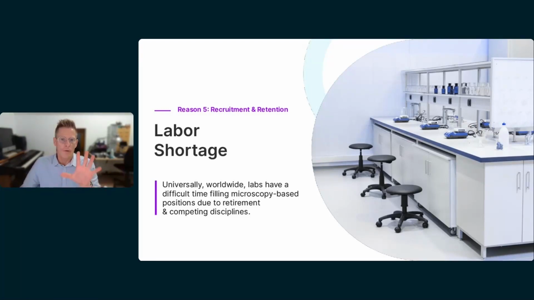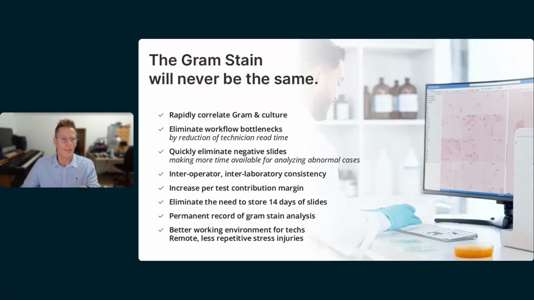So of those 5 reasons, the resume for the Gram stain digitalization is that it allows you to rapidly correlate your cultures with your grams. It removes the bottleneck that is traditionally the Gram stain, which takes the most time.